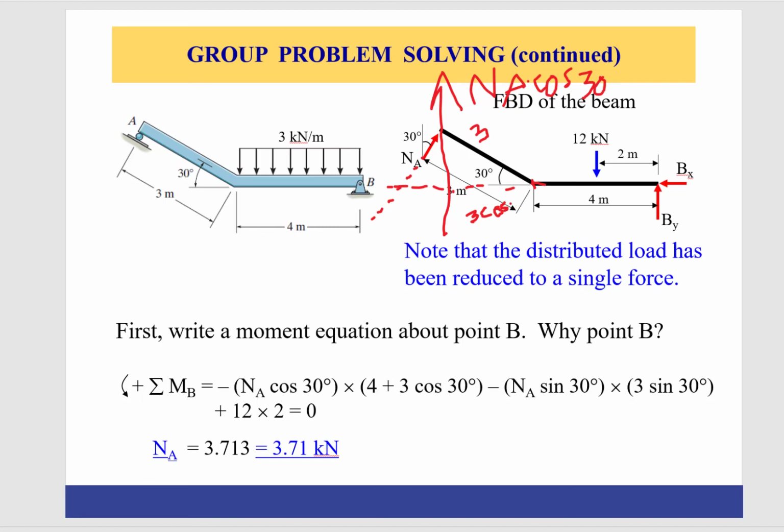So the total distance is 3 cosine 30 plus 4 multiplied by NA cosine 30, and that's going to be negative, because it's clockwise, and that's going to give me the moment of this unknown, right?